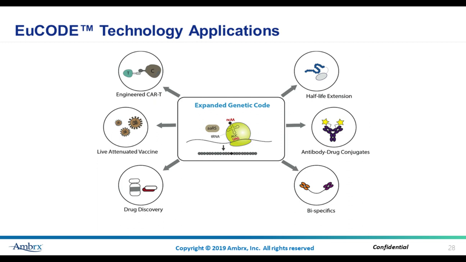Because the established EuCODE Cell Culture Platform can generate site-specific and homogeneous biomolecules, it empowers EuCODE technology to many applications. Besides ADC, we also have half-life extension, bispecific, CAR-T, vaccine, and more in drug development.